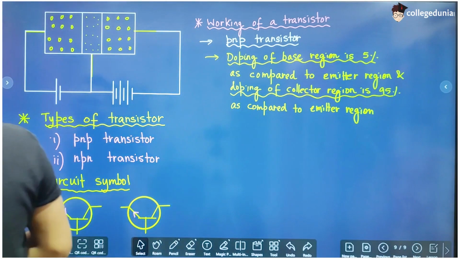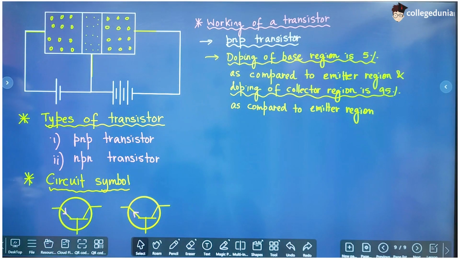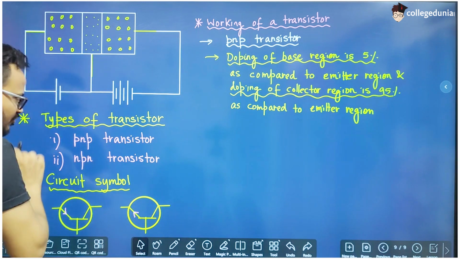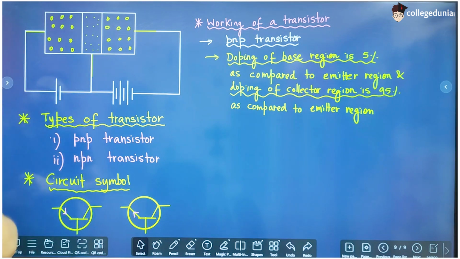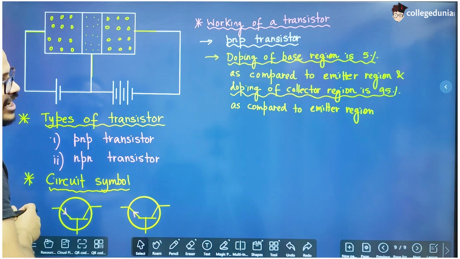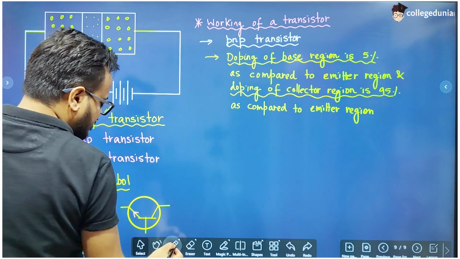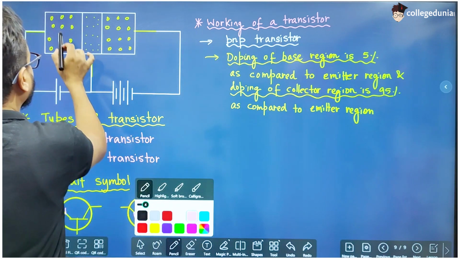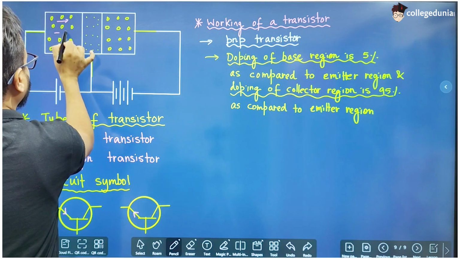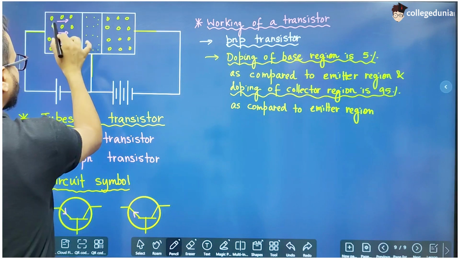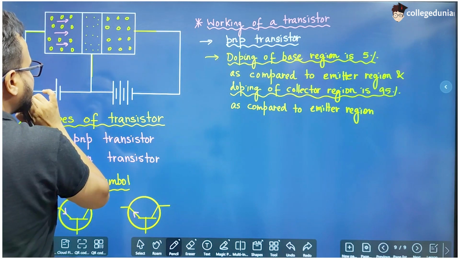Okay, now let's start. Now if we switch on this input circuit, this is the positive terminal of the battery, and this positive terminal is going to repel the holes in the emitter part. Let us say it repels 100 holes towards the base region, and 100 holes reach from the emitter to the base part.